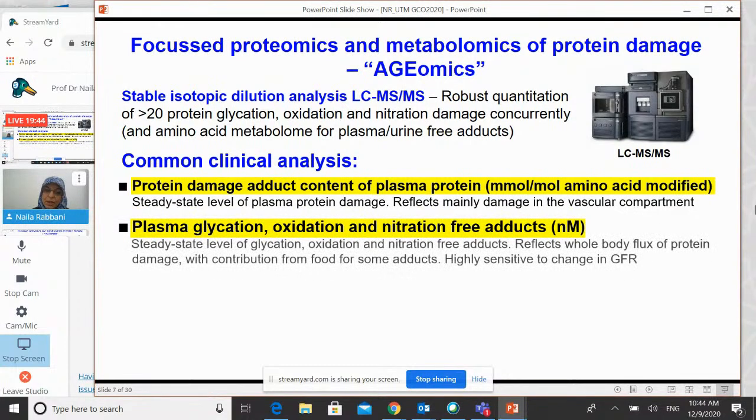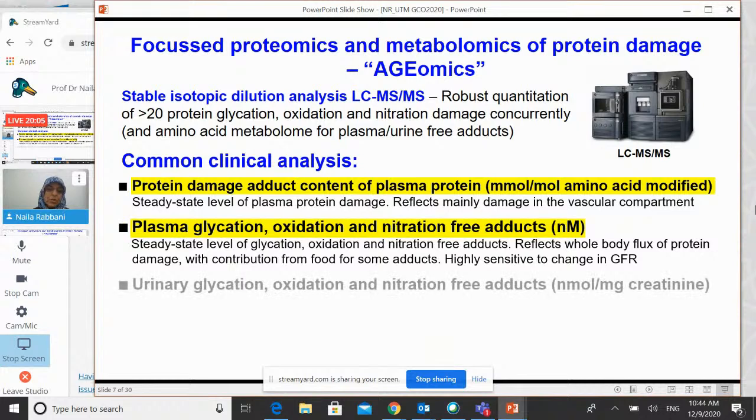Then we can measure plasma glycation, oxidation, and nitration free adducts in the plasma, and this gives you the steady state level of protein damage free adducts, reflecting whole body flux of protein damage. There is some contribution from food for some adducts, and it is highly sensitive to change in glomerular filtration rate.